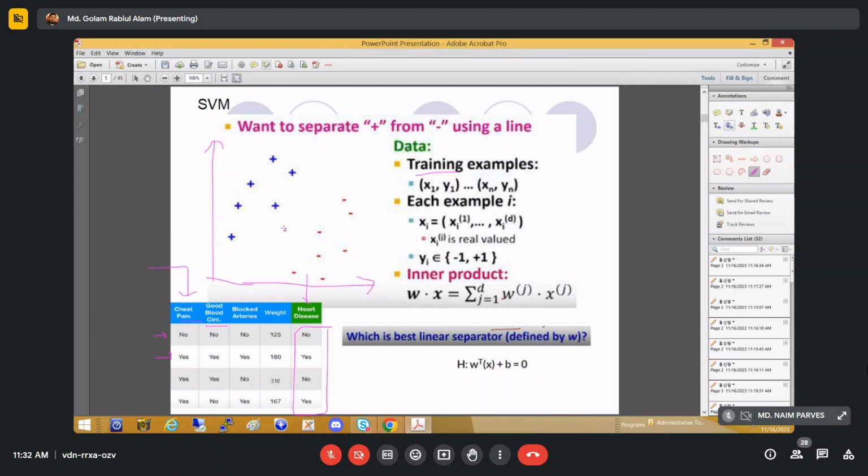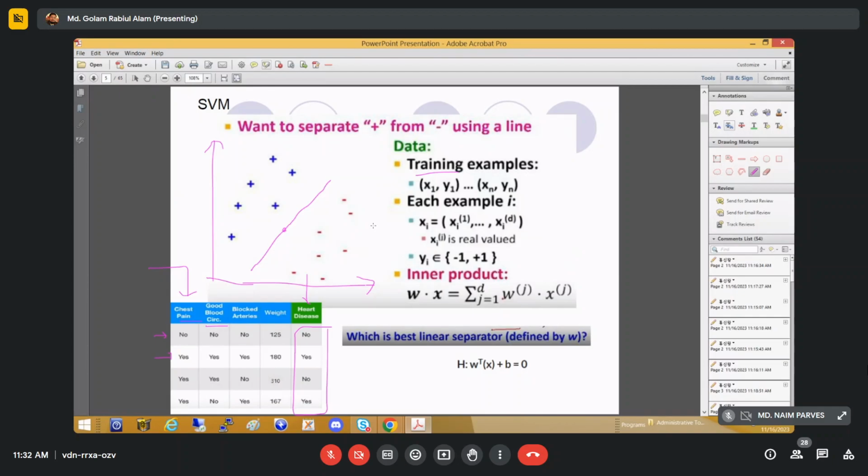If we draw a threshold like here, that's not enough for our case. We need a line. So for separation of 2-dimensional data, we need at least a line to separate positives from negatives.